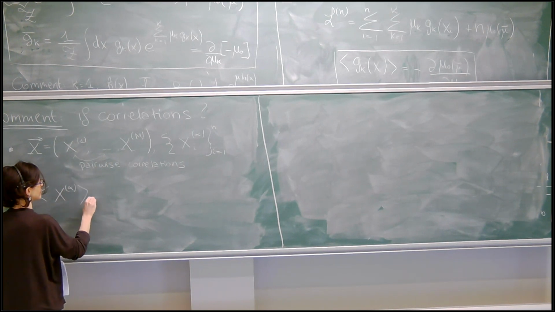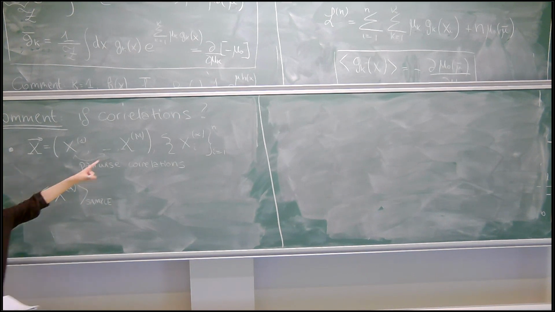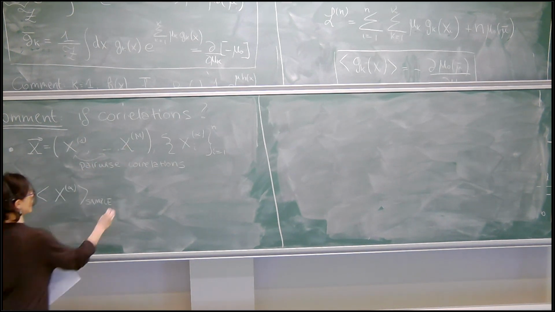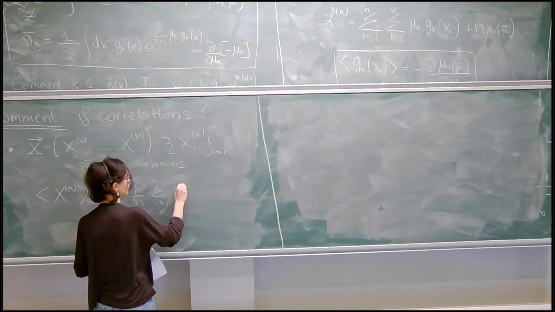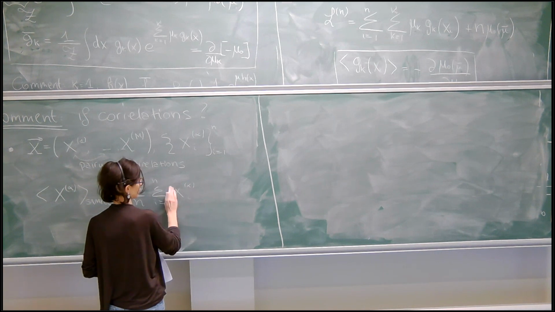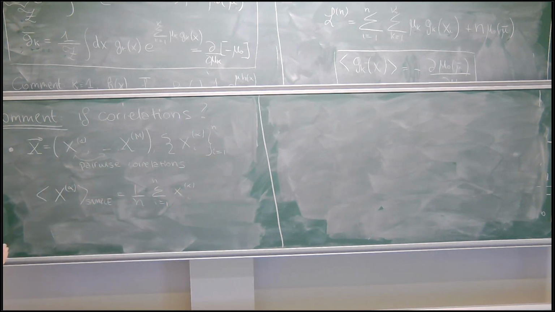So first of all, we have to introduce, as before, an average over the sample, but now we have capital M averages corresponding to each entry. So what is this? This is 1 over n, sum i going from 1 to n of all of my realizations of the variable x^a coming from data.